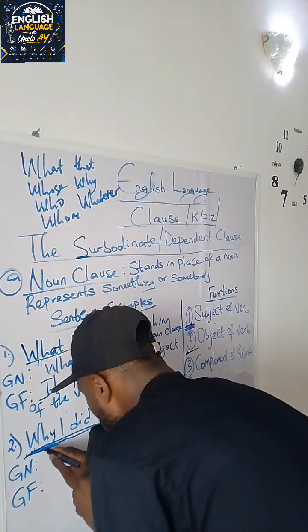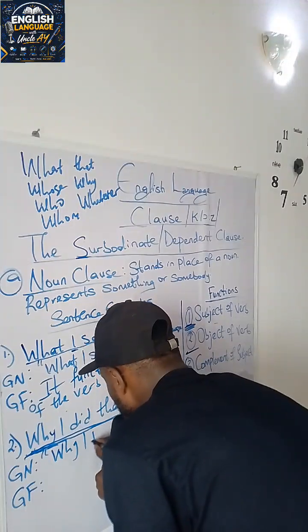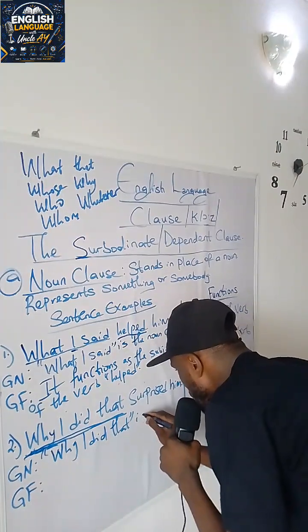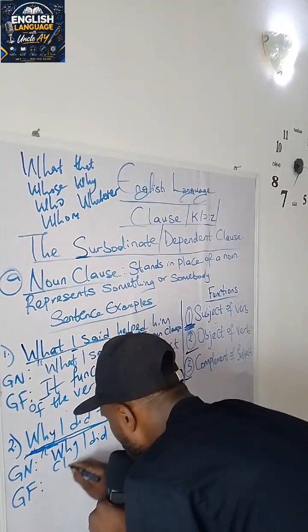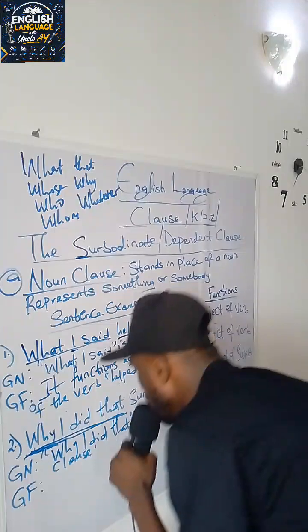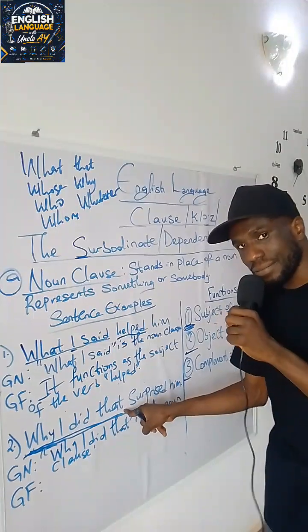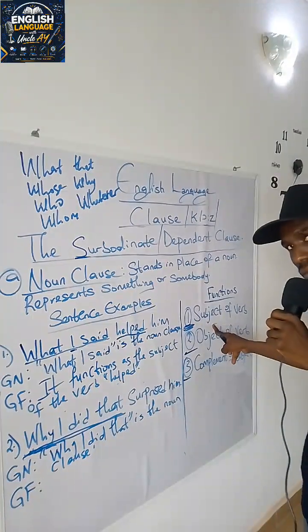So as a grammatical name, it becomes why I did that, end of quote, is the noun clause. So the next question is, what is the function of why I did that in this expression or sentence? Let's not forget, right?